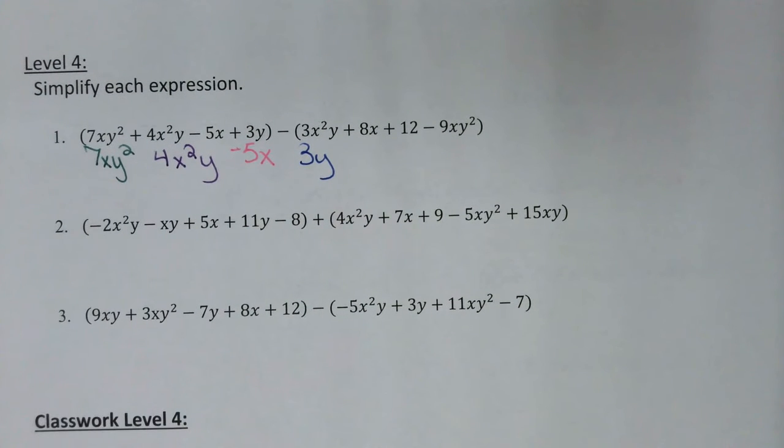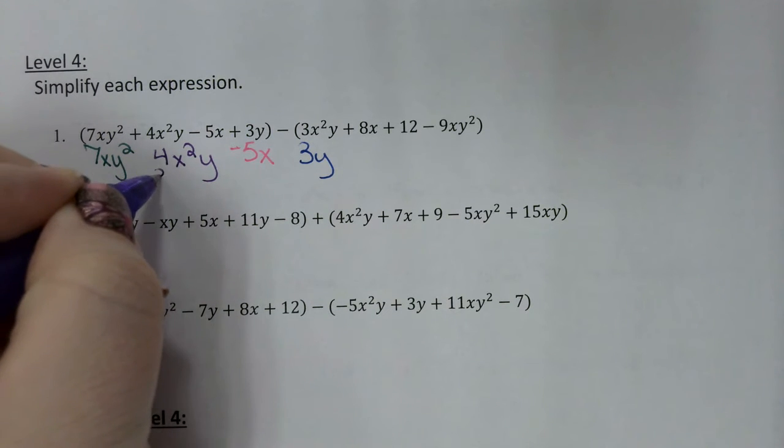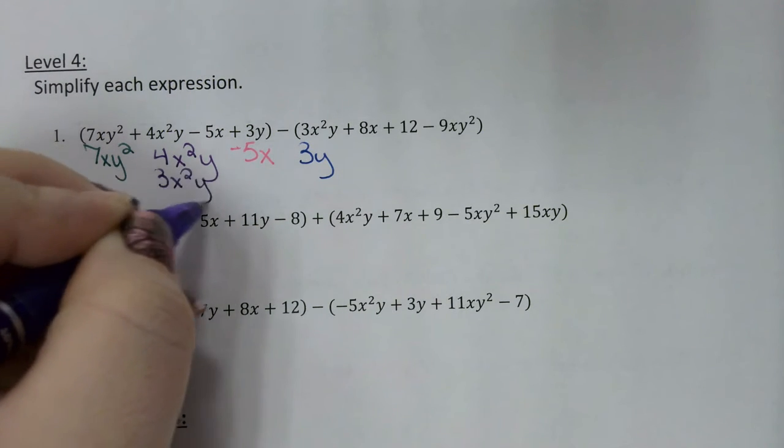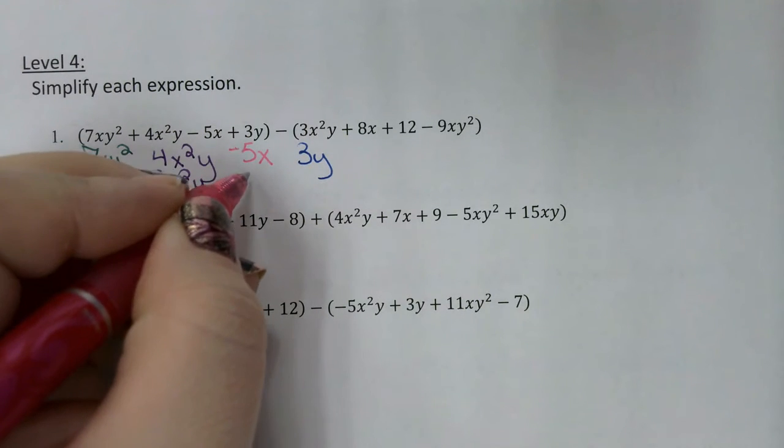For our next polynomial, we have 3x squared y. This means that we have to find the other x squared y's and write it underneath. So it would go underneath the 4x squared y. The 8x would go underneath the negative 5x.